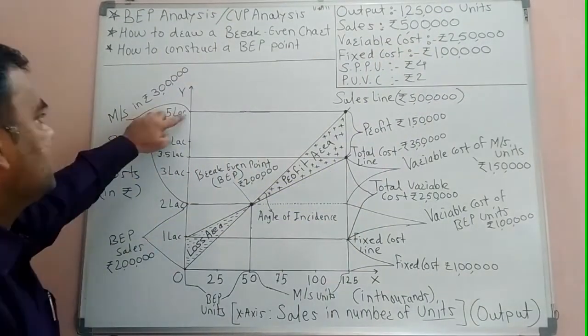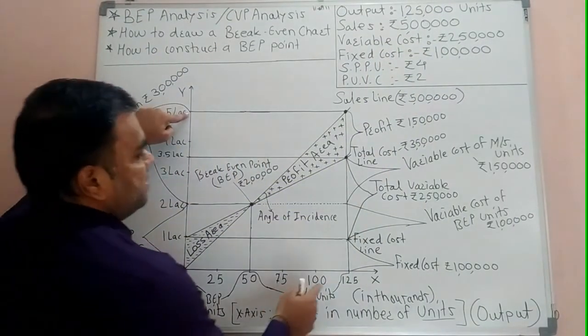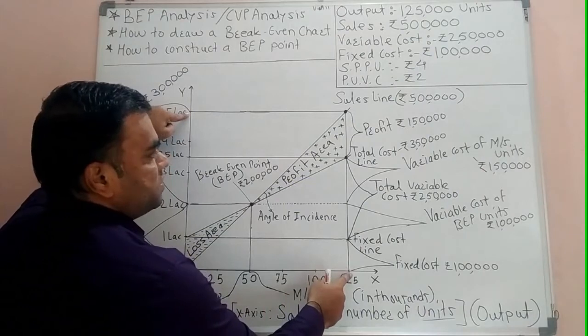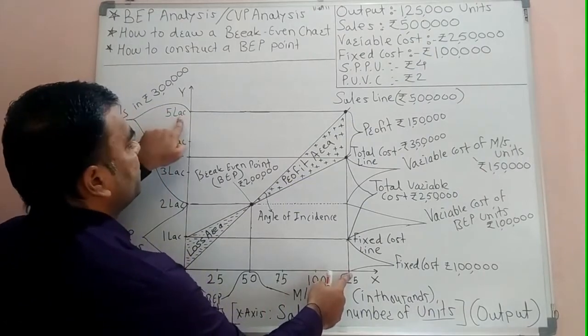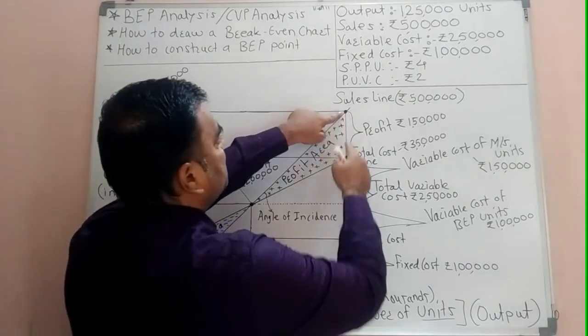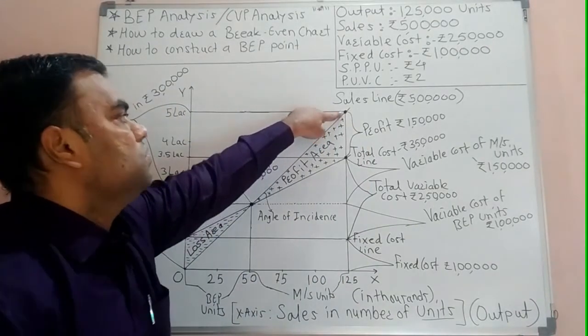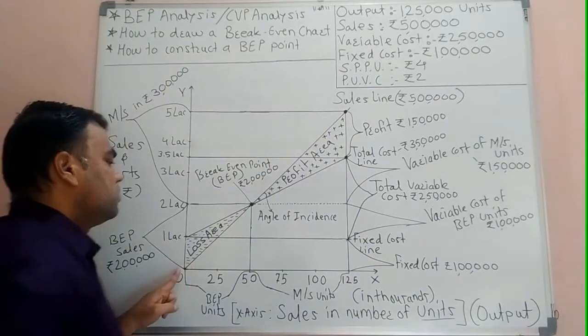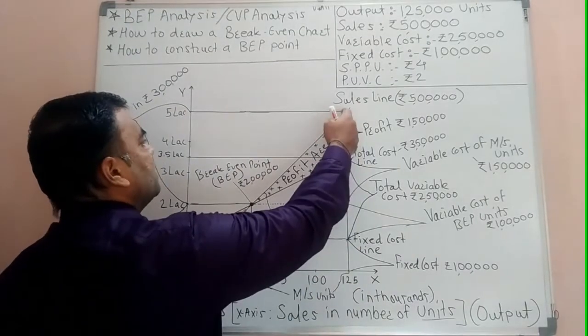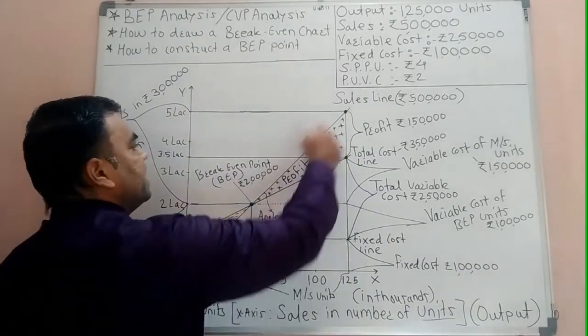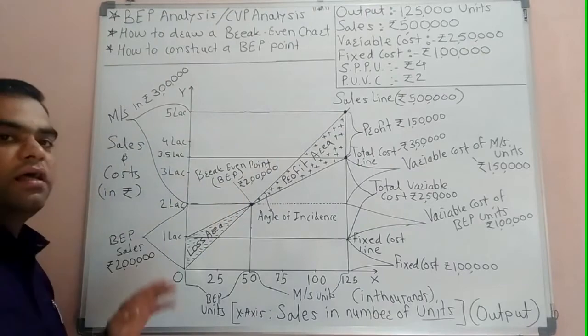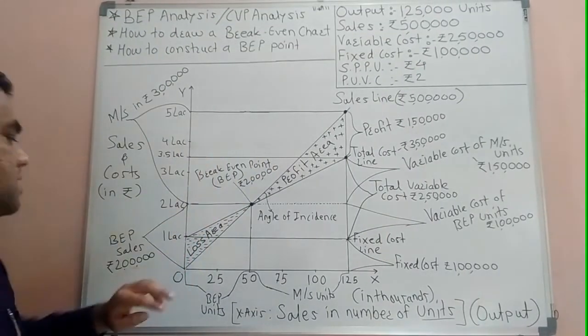So we get the highest sales point, and from 0 to 1,25,000 that will be our sales line or sales curve.